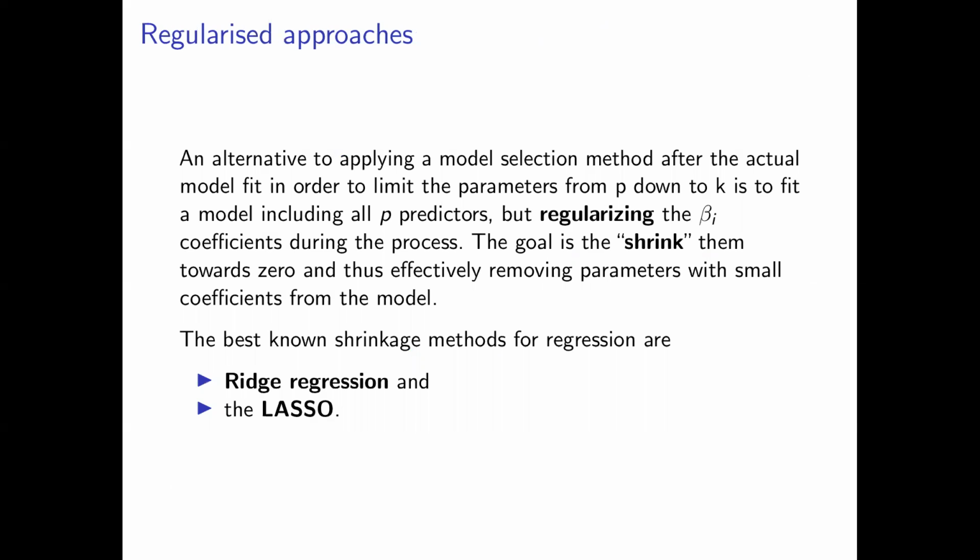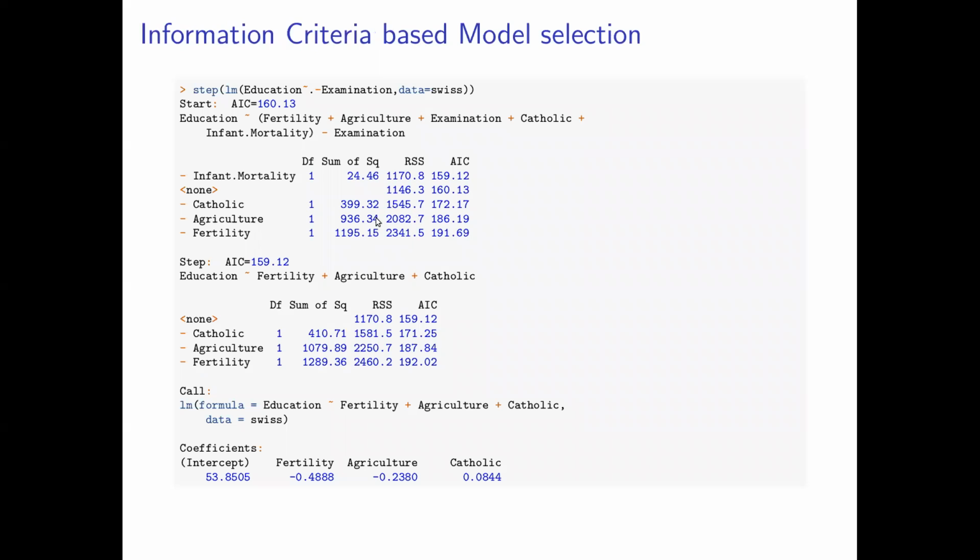But we are looking for something else. Both of these approaches were first fitting the model and then applying a methodology for selecting which are the relevant parameters. And then once we removed irrelevant parameters, we had to fit the whole model again and obtain now different model parameters.